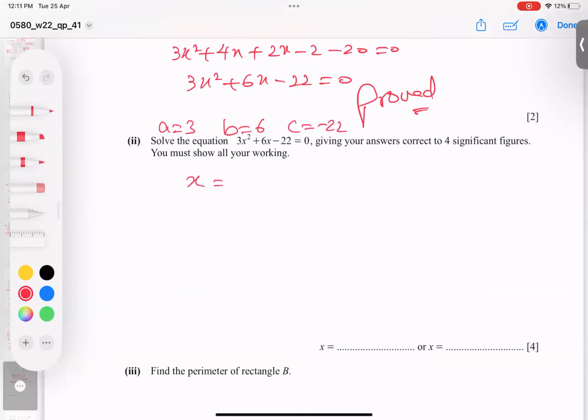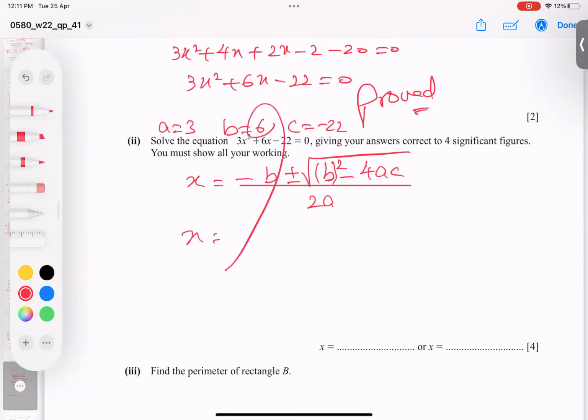So the formula I'm applying: minus b plus and minus square root of b squared minus 4ac, divided by 2a. Make sure this bracket is compulsory, the rest not important. Because if b becomes a negative sign, it affects. But here it is not affecting because b is positive. Anyway, 6 and a value is 3.